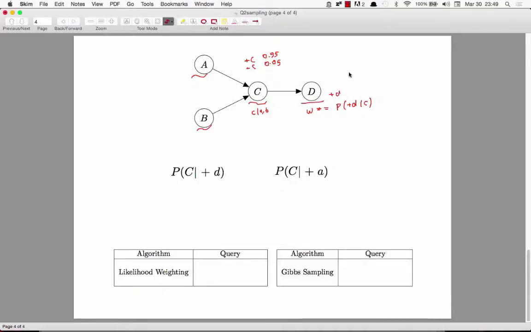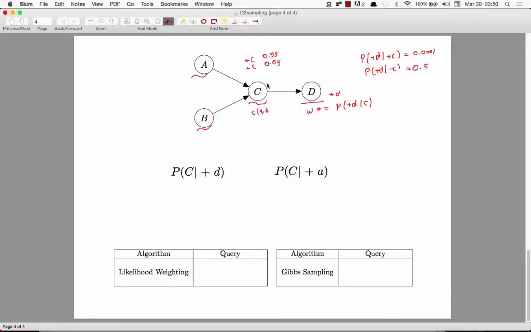Now the issue that might happen is maybe plus D is really incompatible with plus C. So for instance, this probability P of plus D given C might look like P of plus D given plus C is really small, like 0.0001, and the other, probability of plus D given minus C, is reasonable, say 0.5 or whatever.